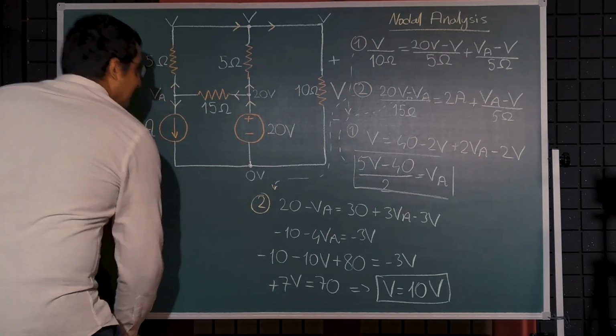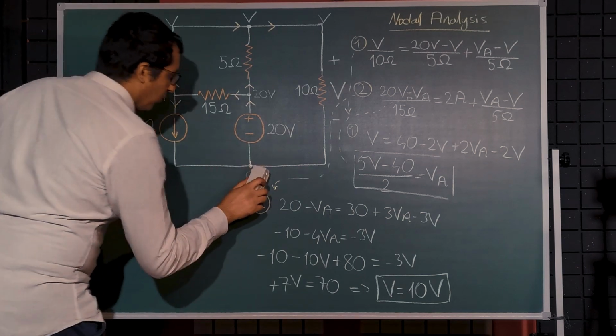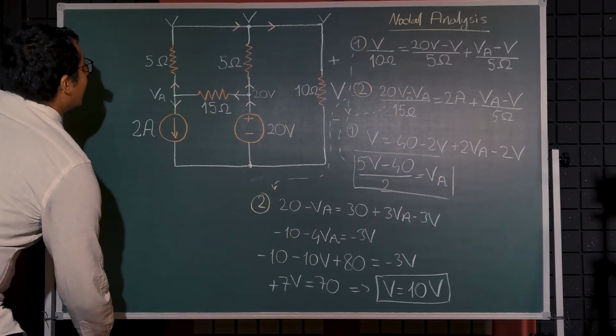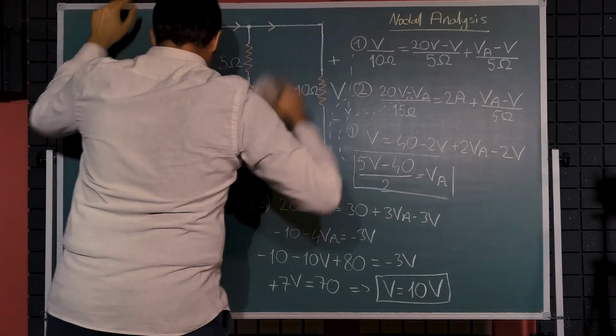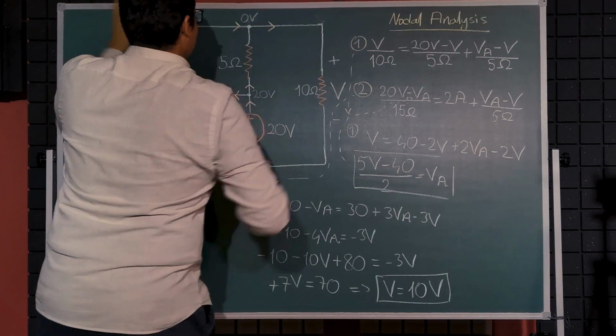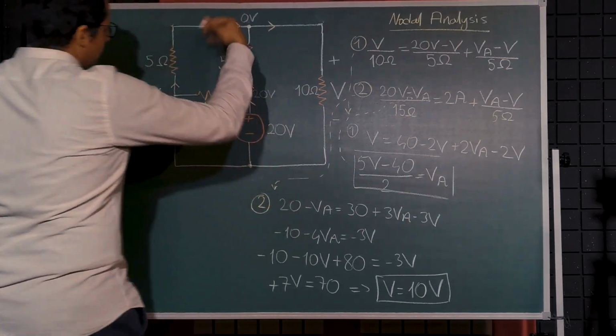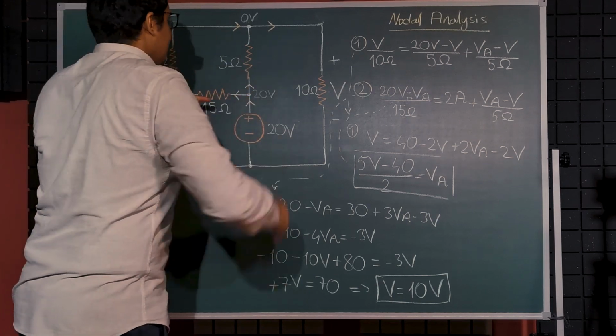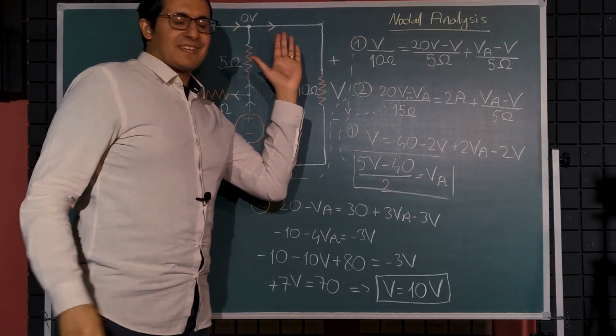Now, I will change the voltage references over the circuit. For example, let's say this point is now not 0 volts, and this point will be 0 volts. That means I ground this node, but I choose to think of it as the ground node.